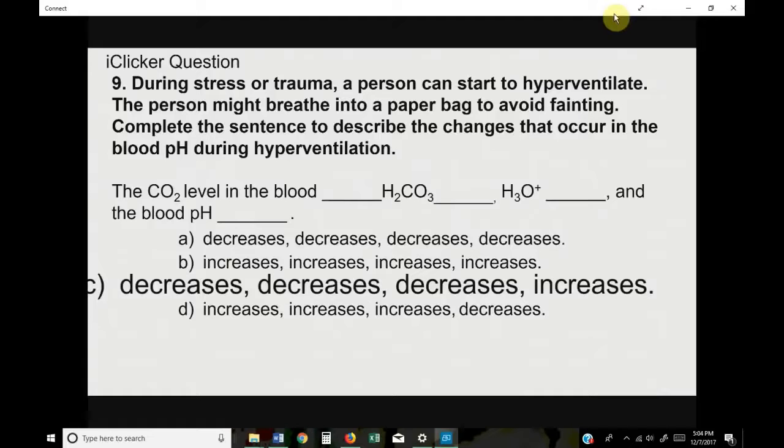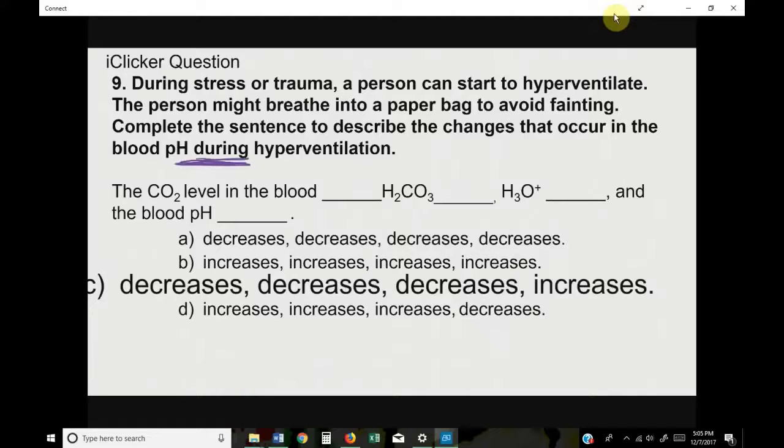What happens, do you think, while the person is breathing into the paper bag? Breathing into the paper bag causes you to take in the carbon dioxide that you're breathing out. So if you're taking in more carbon dioxide, the carbon dioxide level increases, the carbonic acid levels increase, the hydronium ion levels increase, and the pH decreases.